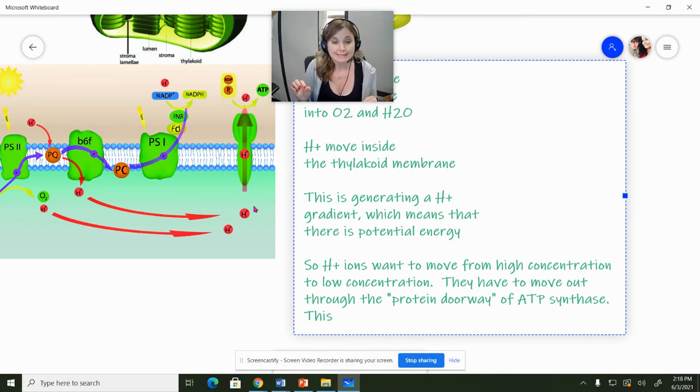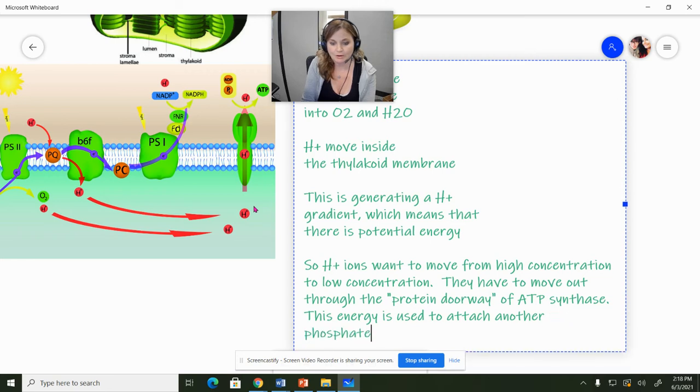Remember that with ATP, or adenosine triphosphate, the energy is stored in the chemical bond that connects that extra phosphate to the molecule. Energy is used to attach another phosphate to ADP, making ATP.